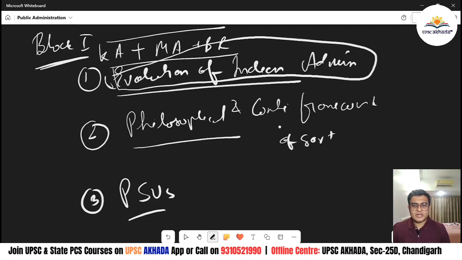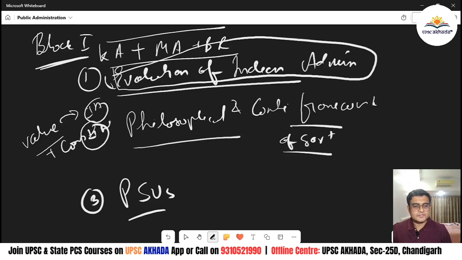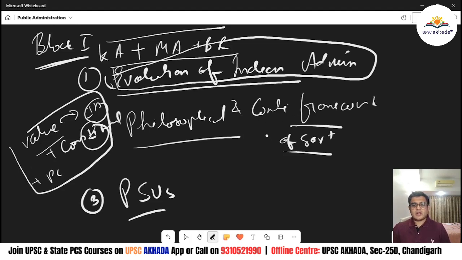The philosophical and constitutional framework of government basically deals with the value premises in our constitution, the DPSP, fundamental duties, rights, etc. It is the values in our constitution which guide Indian administration. Plus it deals with constitutionalism and political culture. Okay, these are the philosophical aspects of our government.